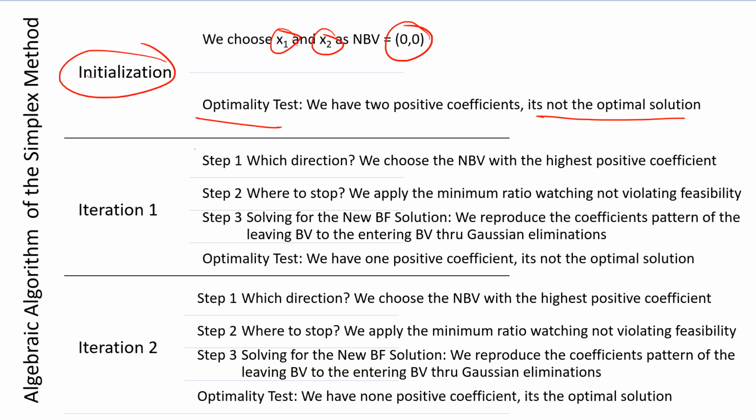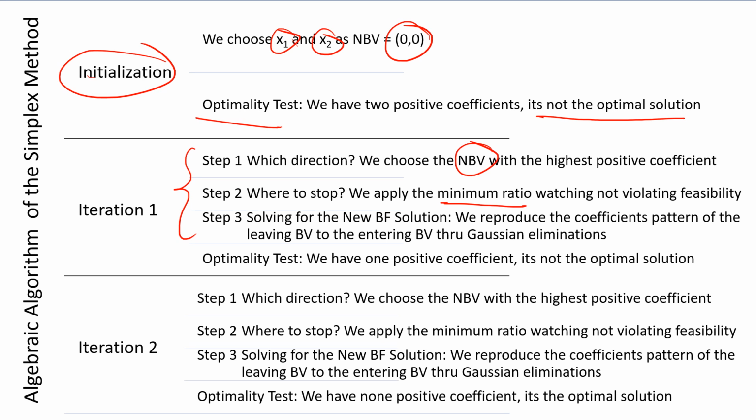Then we did the 3 steps of the algorithm. Here we apply them. Here we define which would be our entering basic variable, and with the minimum ratio test, we define our leaving basic variable.